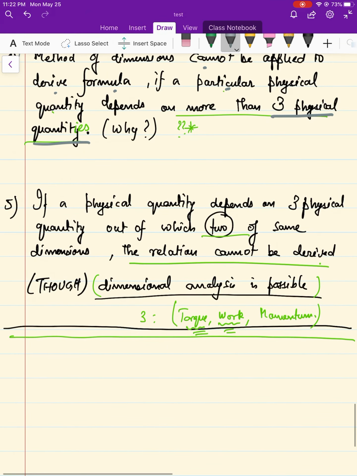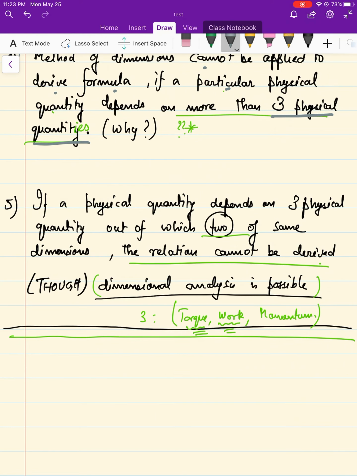The final point for the day is if a physical quantity depends on 3 physical quantities, out of which 2 are the same. In that case, again, the relation cannot be established between your unknown physical quantity and a given physical quantity. So a dimensional form is possible, but establishing a relation, again, is not possible.